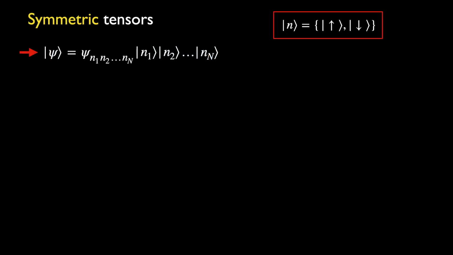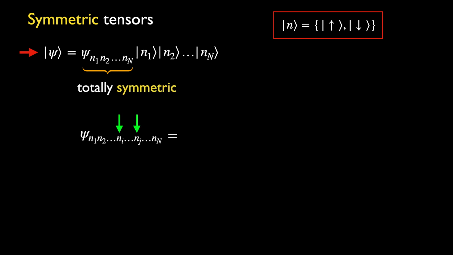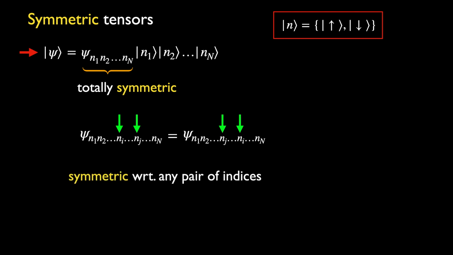We now look at states with symmetric tensors as their components. These tensors are totally symmetric between any pairs of indices. On the other hand, in the spin-half basis, there are only a very limited number of tensors that could be totally anti-symmetric, because any component with repeated indices must necessarily be zero due to anti-symmetry.